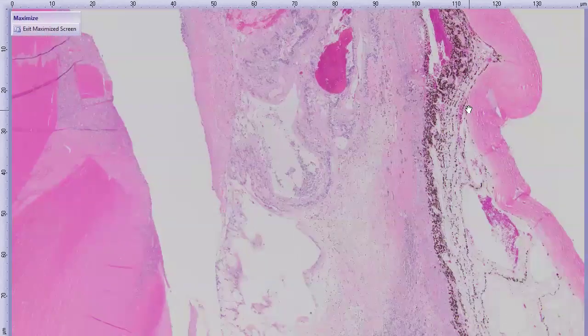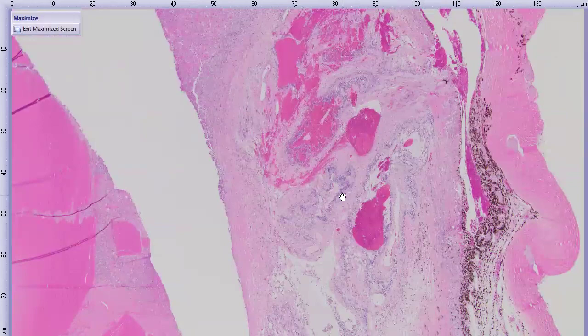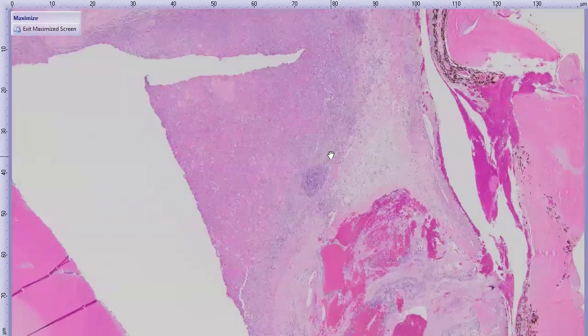So that's probably what's pulling on our scleral tissue, causing it to be wrinkled, contributing to the phthisis bulbi. This is our detached and jumbled up retina here with some hemorrhage. And we have a big cellular infiltrate in here, which we'll take a closer look at.